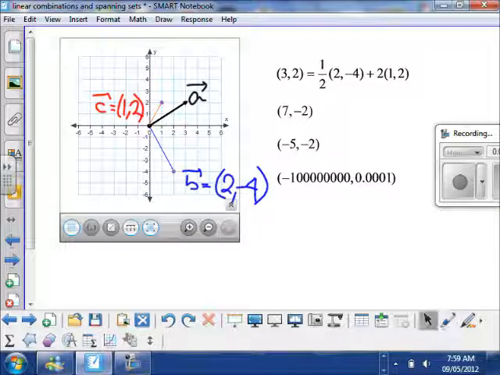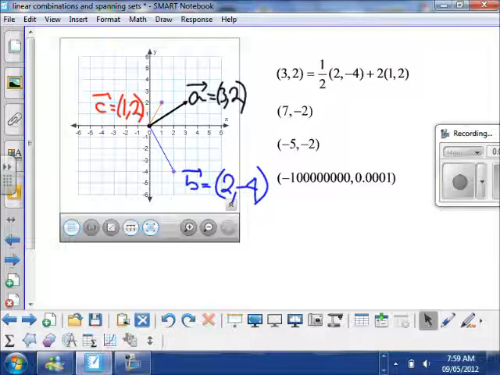So, two random vectors. Can I write the black vector as a linear combination of blue and red? I did a little bit of calculations for you, and look what I noticed.